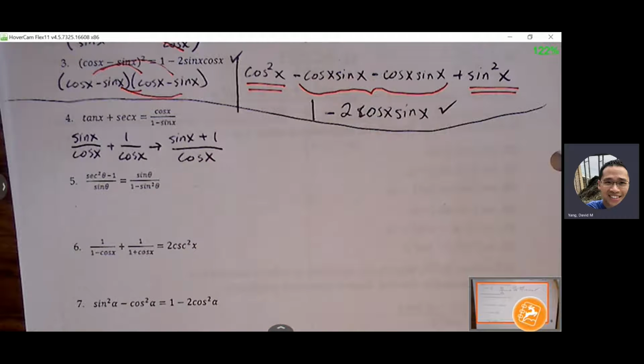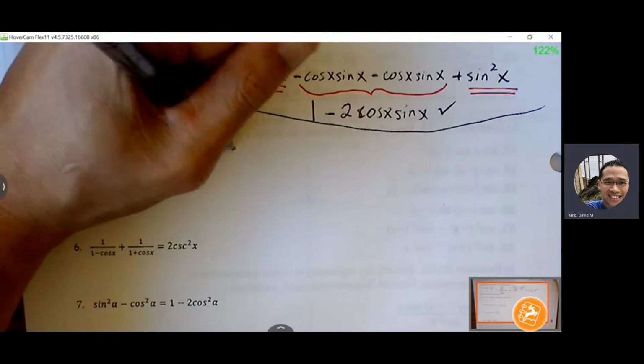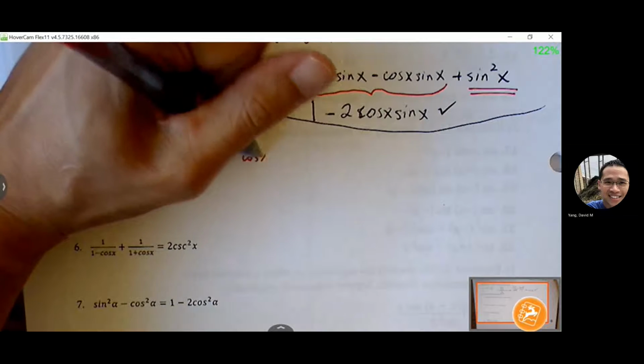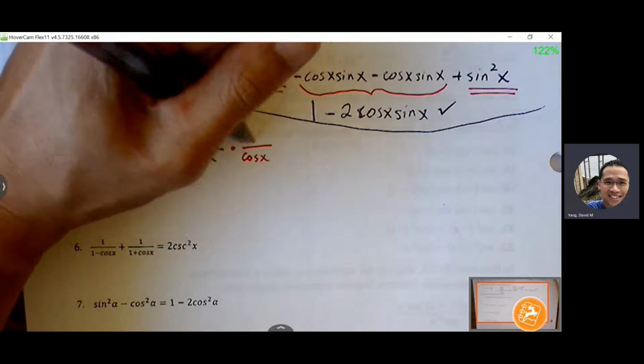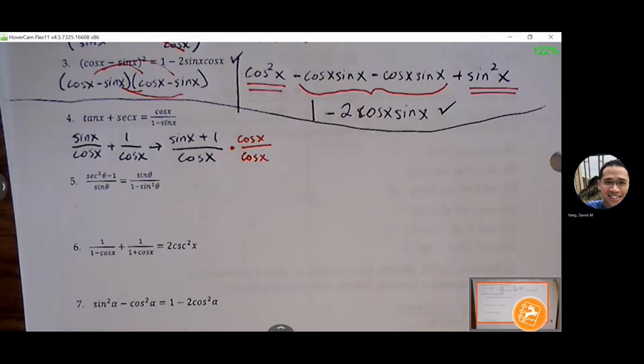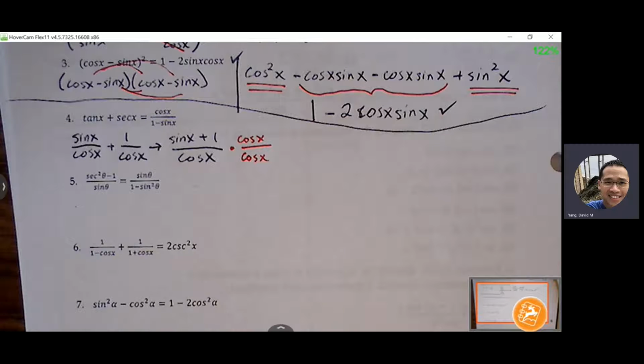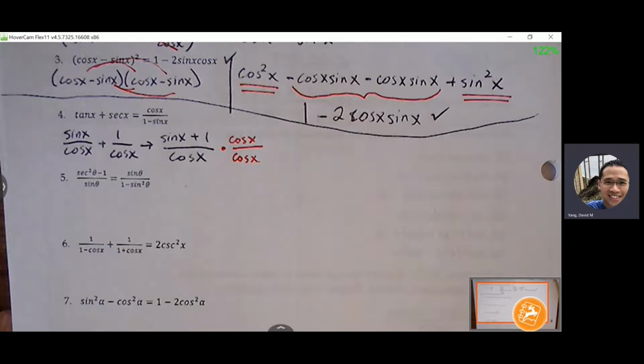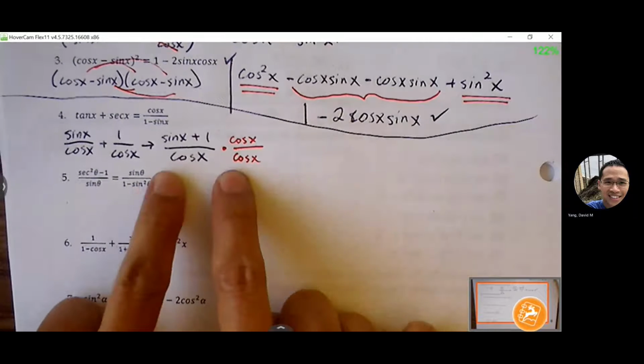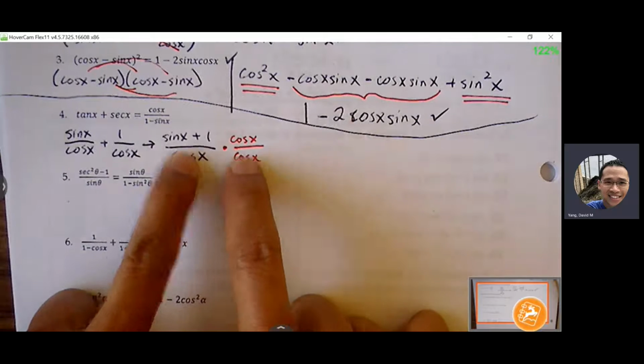But I can't just do something with the denominator without balancing it out. Whatever I just did there, I do also to the numerator. Basically multiplying by one, I haven't changed anything, but I create another scenario for me to work with. So the denominator gives me cosine squared.